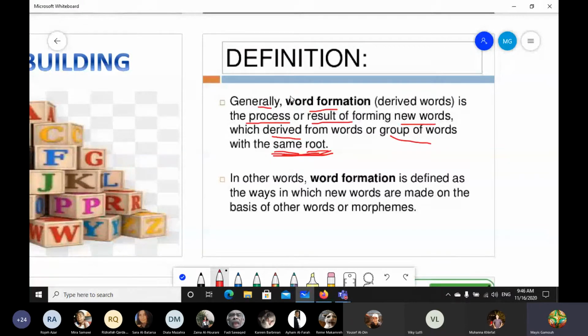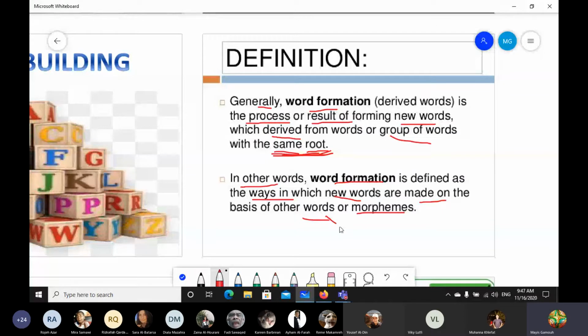In other words, word formation is defined as the ways in which new words are made on the basis of other words, the base of the word, the root of the word, or morphemes. Zena, you asked me, is the morpheme the same as the root? Because they put it's either words or morphemes, they differ from each other.